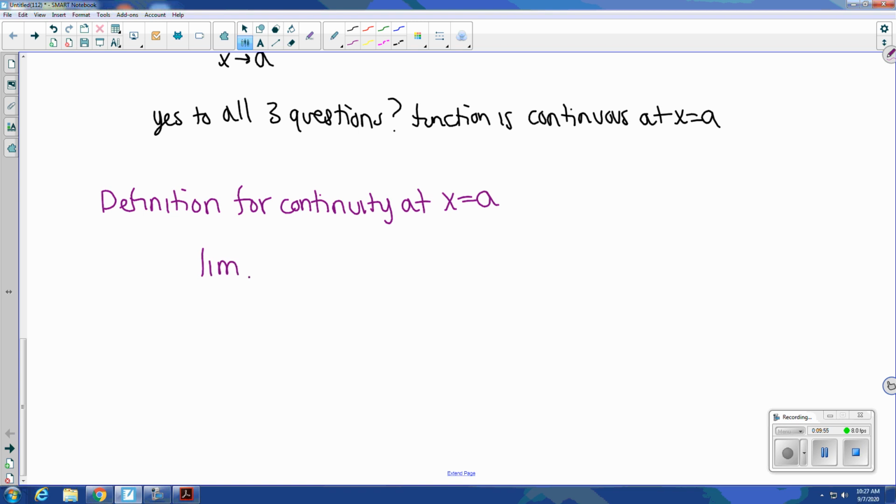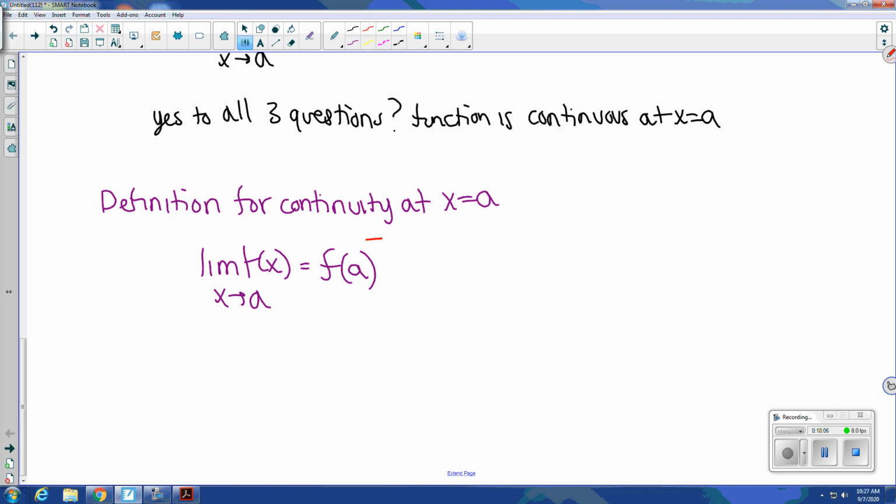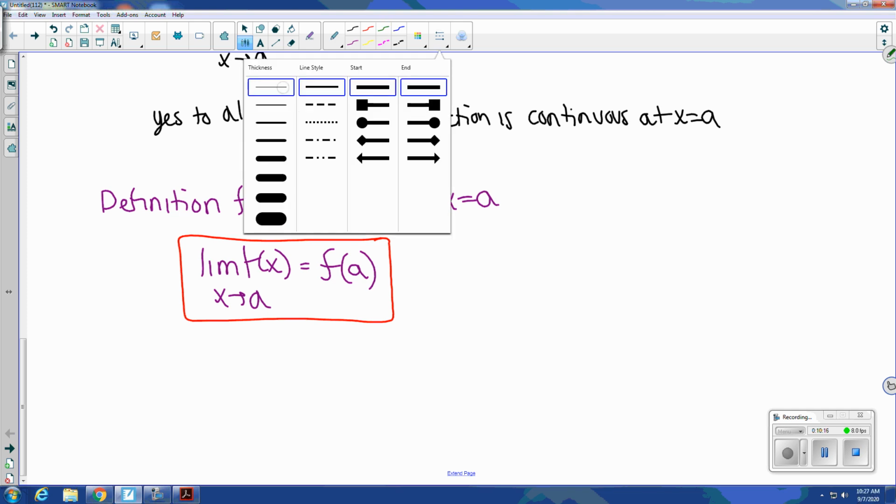The limit of f of x as x approaches a equals f of a. So simply put, the limit equals the output. Very important. The limit of a function equals the output. That is our definition for continuity. And that will be on the interior of an interval. So let's just make that note.